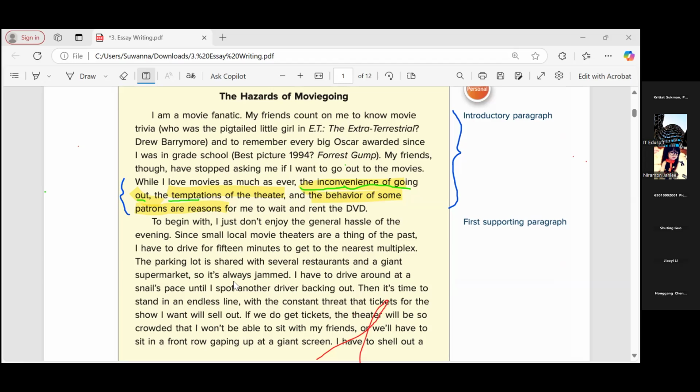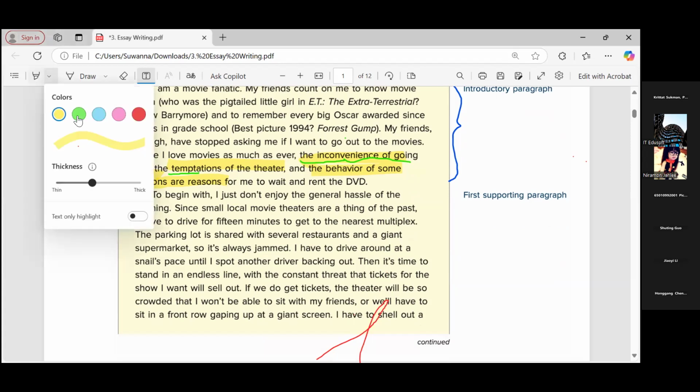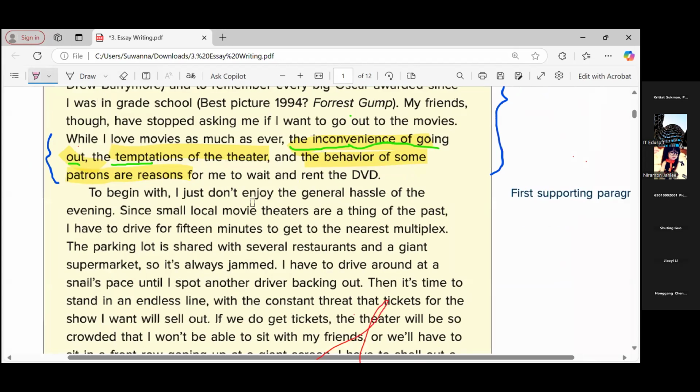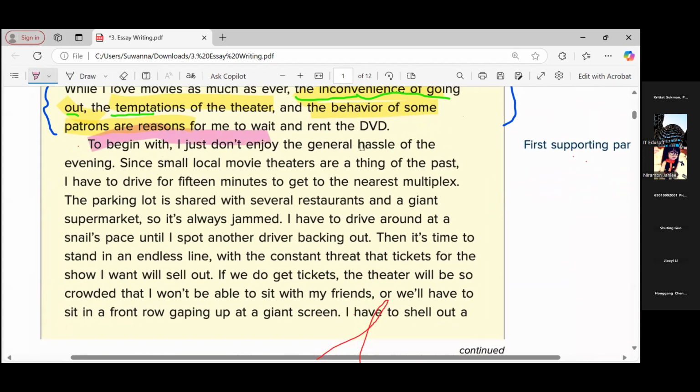You see, the first paragraph will support the first point. Let me highlight this for you. The first paragraph will support the first point of the thesis. "To begin with, I just don't enjoy the general hustle of the evening." This is the topic sentence of this paragraph, right?